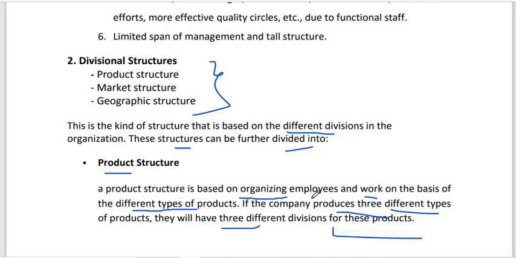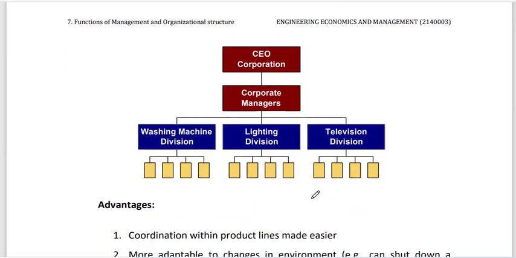Simple. Let's say with the help of a figure you get a better idea, like this. CEO is there, corporate manager is there, but in the company they have three divisions. One is production of washing machines, one is lighting division, and one is television division. So one company is making three types of products. Let's assume Apple. Apple has iPad, mobile phone, iPhone, laptop, PC, Mac.